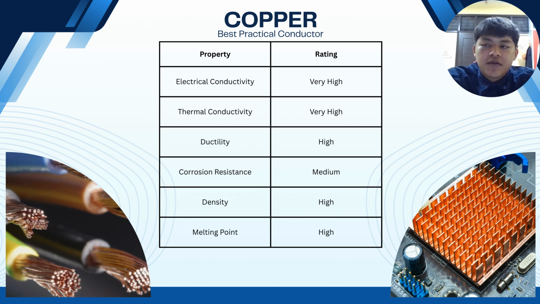Even though copper has medium corrosion resistance, it can still perform well in many environments. And lastly, copper has a high density and melting point, which means copper can perform in high temperature environments when operating. Overall, copper is very essential in electrical, electronic, and thermal engineering.